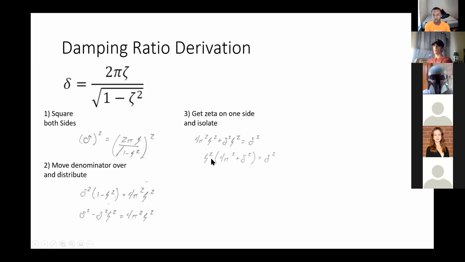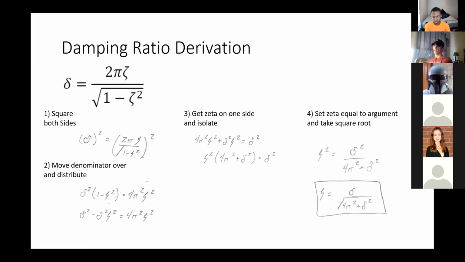We're going to take that zeta squared out, and divide by 4 pi squared plus delta squared. Take the square root of all that, and we're left with delta over the square root of 4 pi squared plus delta squared.